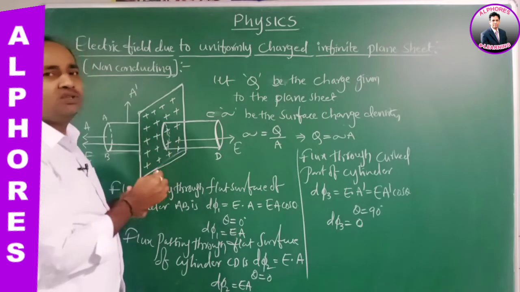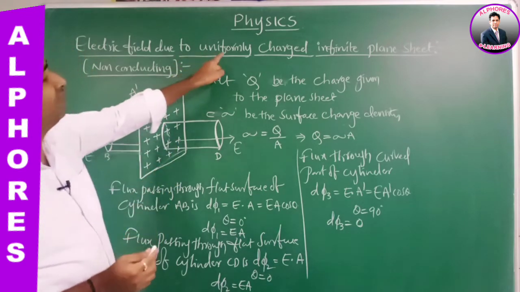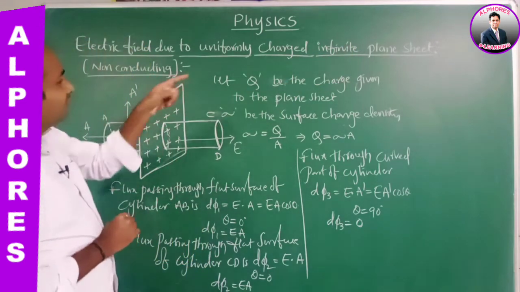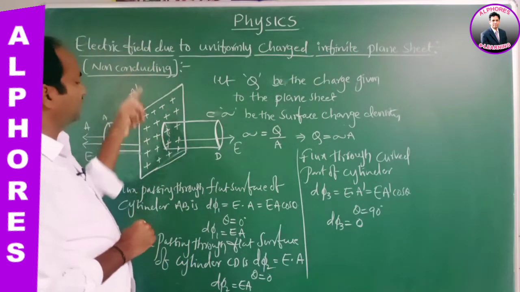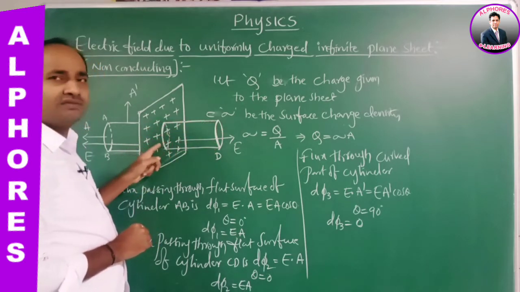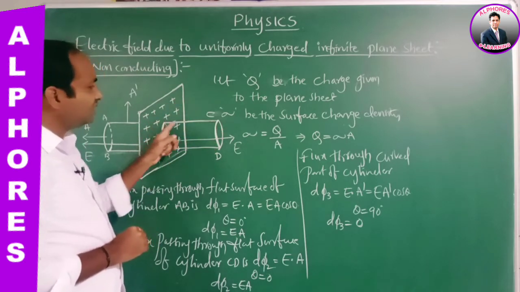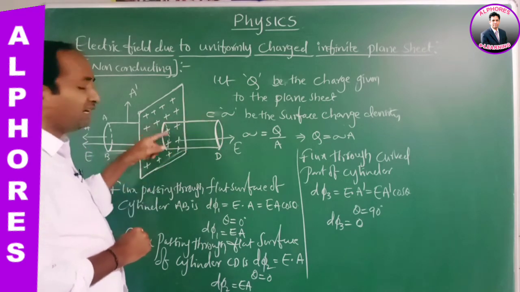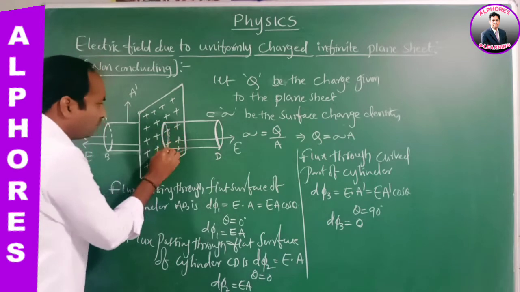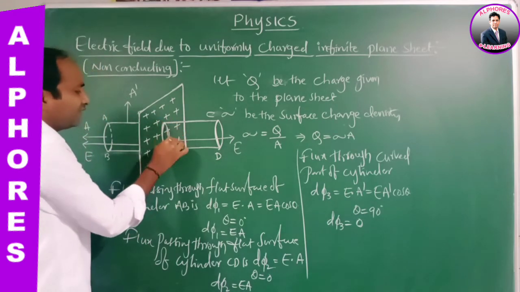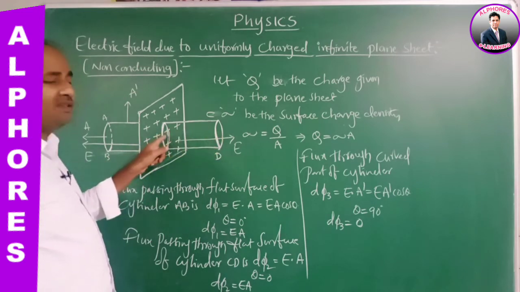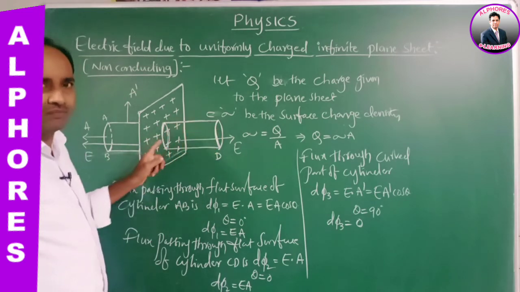Here you should take the electric field due to a uniformly charged infinite plane sheet of non-conducting material. The area of this plane sheet which is enclosed by this Gaussian cylinder is taken as the infinite plane sheet, meaning only this part is taken as the infinite plane sheet. So its area is also A only.